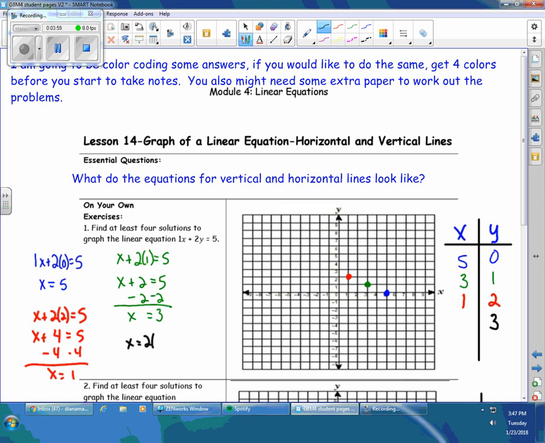I'm sorry, I just wrote this incorrectly, so let me fix that. So I go to -1 and then up 3. 1, 2, 3. And there's my point for that one. Again, I wanted to color code my points and my work so you saw what matched up with what, since we don't have a table to keep us organized.